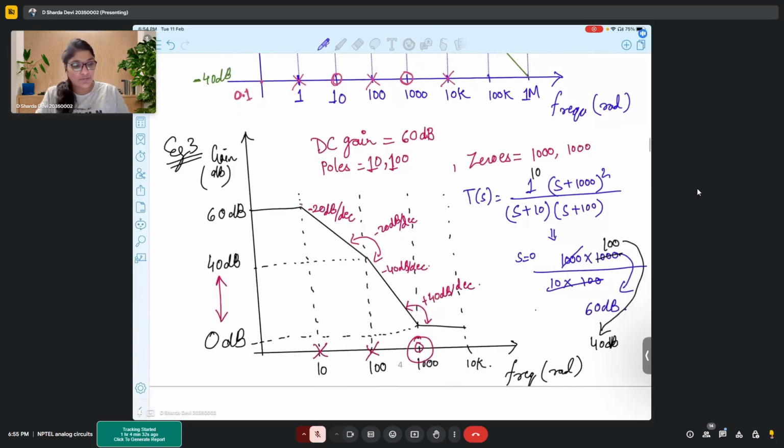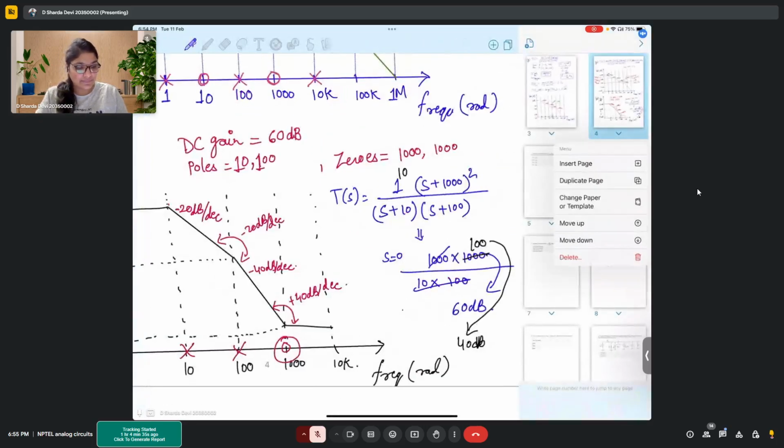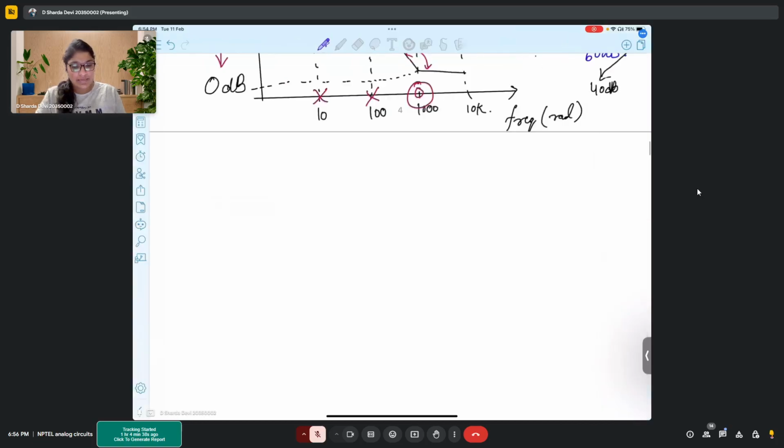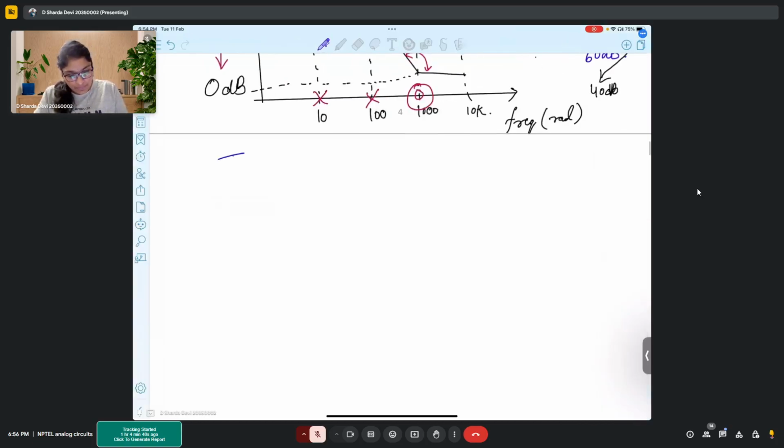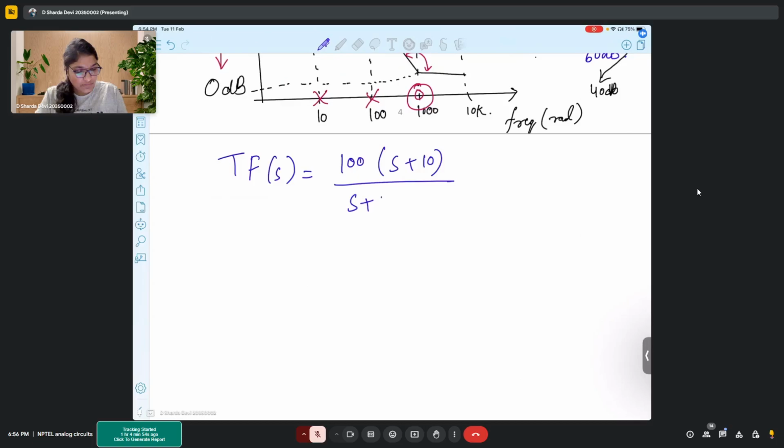So for phase plot, what you need to do is calculate the phases. How do you find the phase? Let's say you have a transfer function of 100(s+10)/((s+100)(s+1000)), for example. Now if I want to write the phase of my transfer function, first of all, 100. What is the phase introduced by 100?